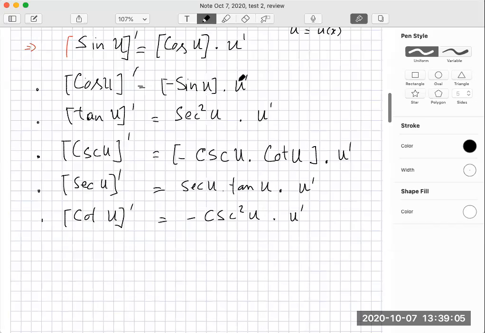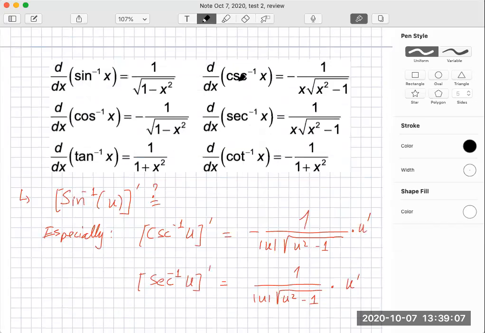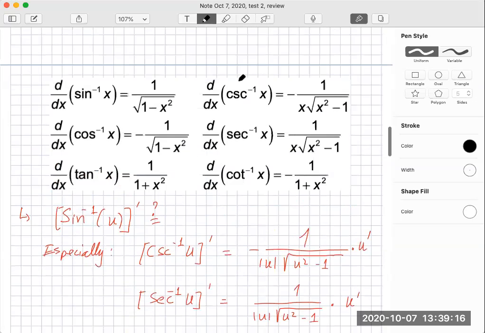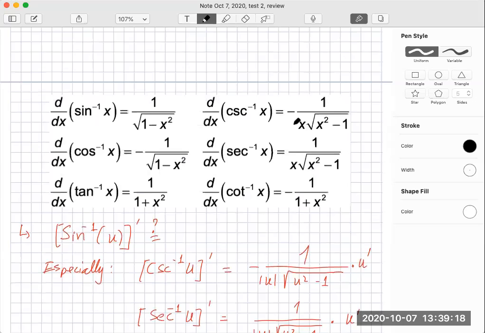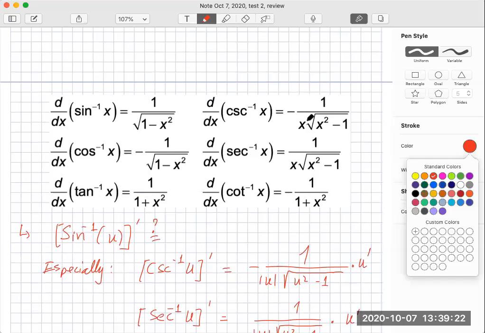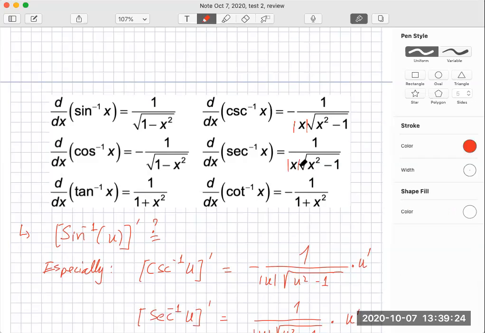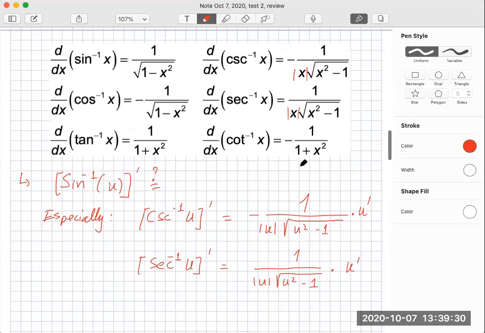Those are formulas of the forward functions. Now, the inverse functions, okay? These are the formulas, for safety, it is absolute value. Okay. Then the similar story.